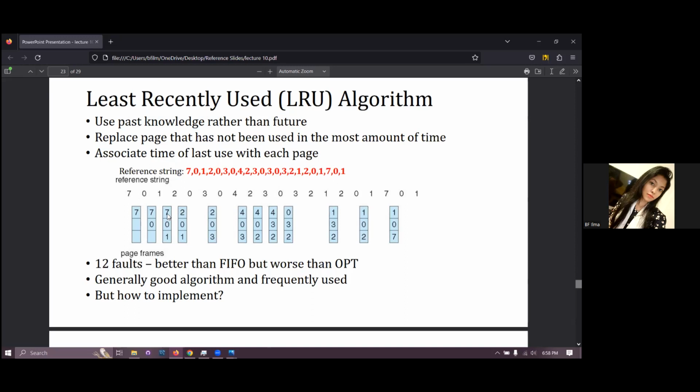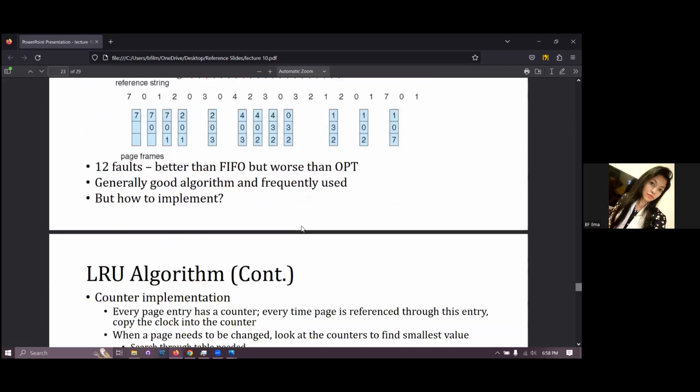So least recently used is 7, then we replace 7. Then 0 again. When it comes to 3, the least recently used was 1. So if you look at the string, you can identify what was the least recently used. It's always on the leftmost side. So we keep on replacing that way.